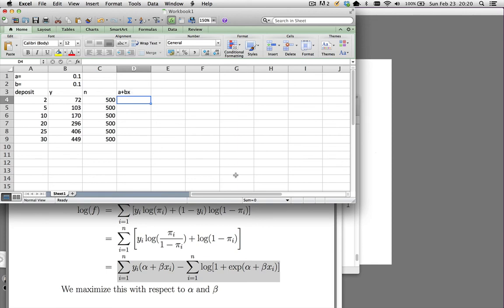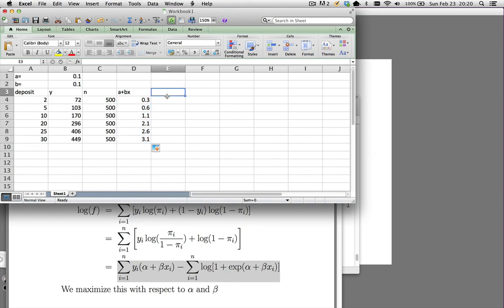Now let's create this a plus bx, because notice that appears twice in the expression. So this is going to be $1 plus $2 times my deposit amount. So that's deposit. Now we can just copy this down.